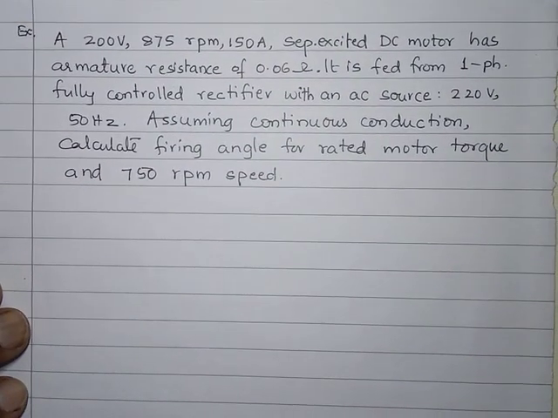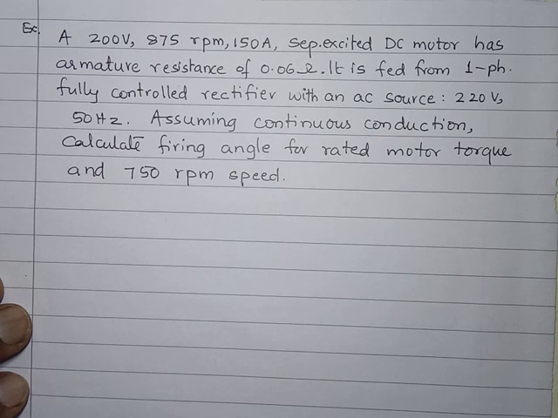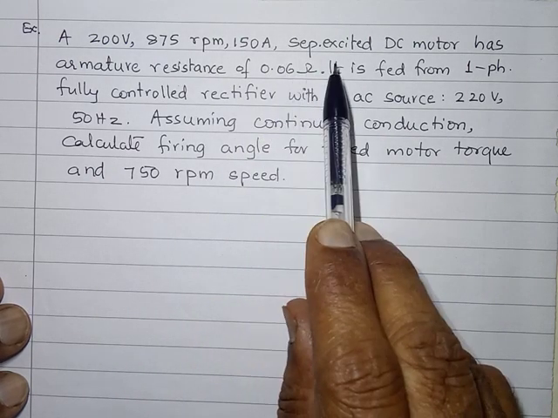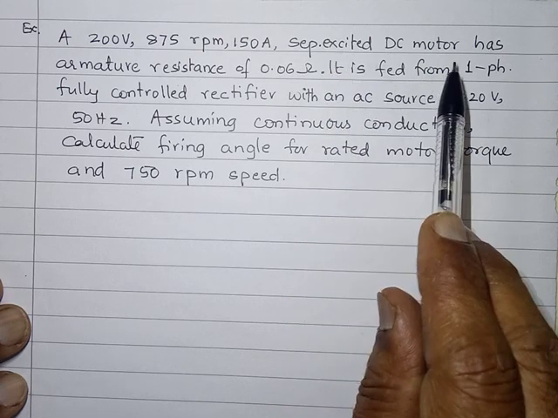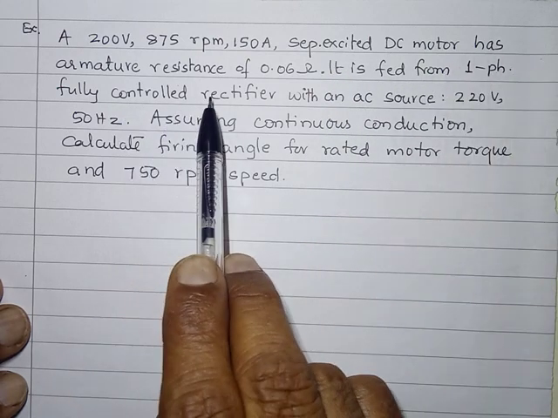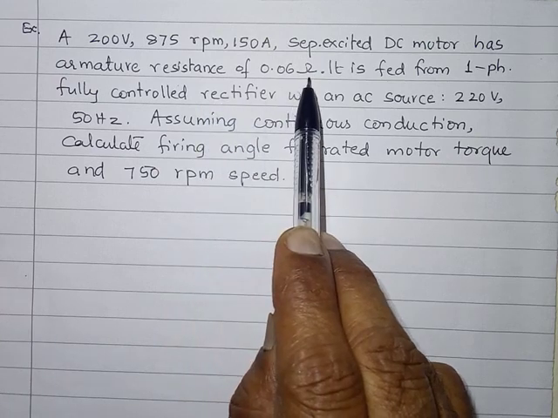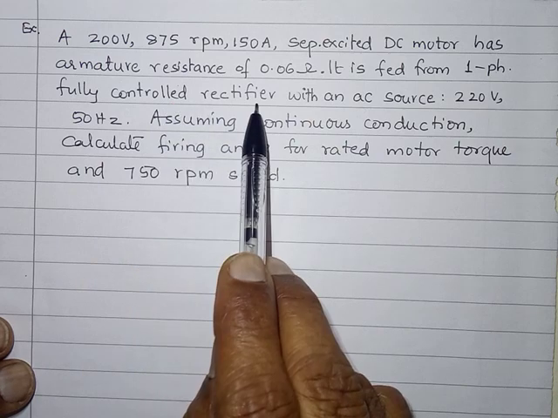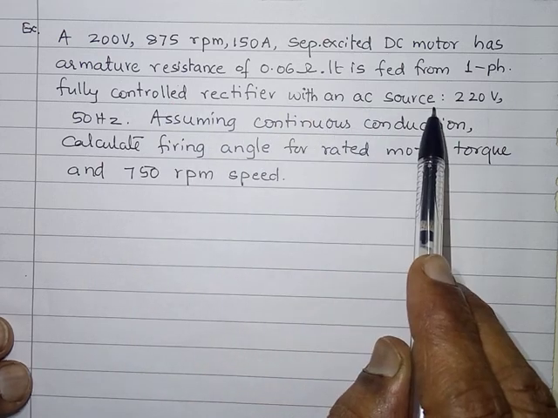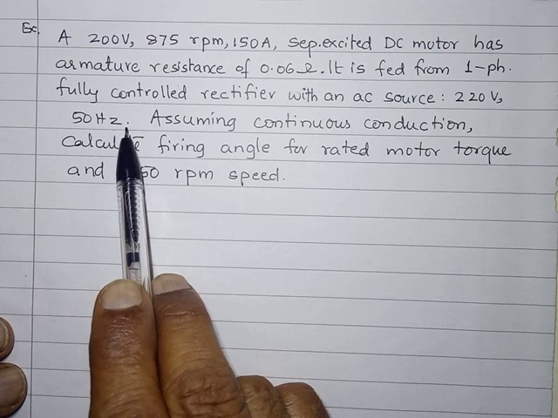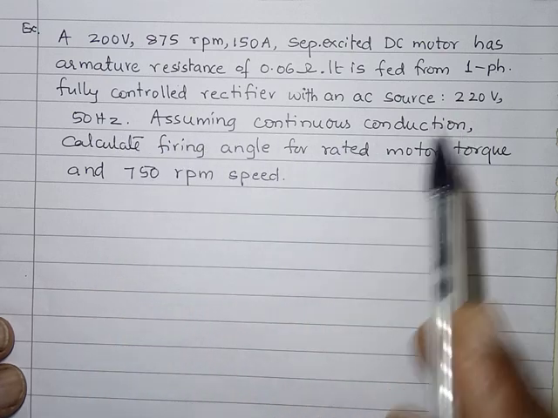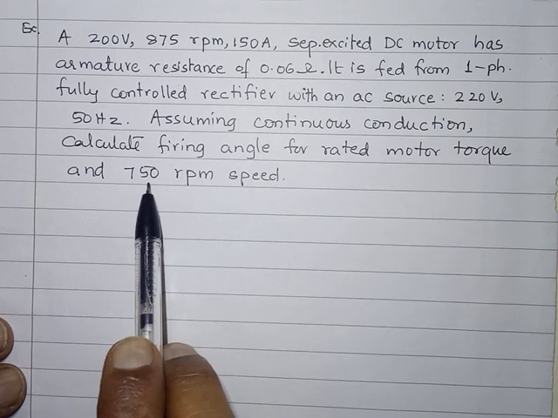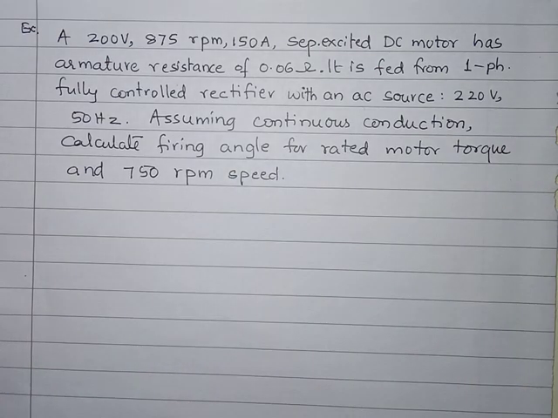A 200 volts, 875 rpm, 150 amperes separately excited DC motor has armature resistance of 0.06 ohm. It is fed from a single phase fully controlled rectifier with an AC source of 220 volts, 50 Hz. Assuming continuous conduction, calculate the firing angle for rated motor torque and 750 rpm speed.